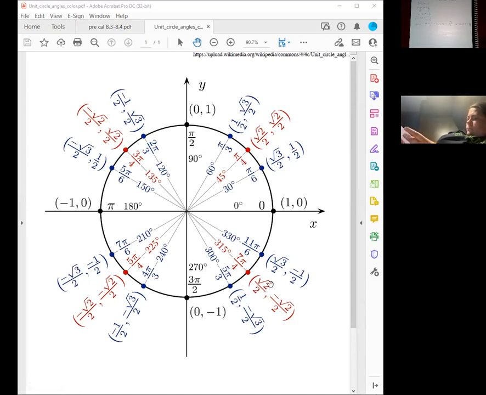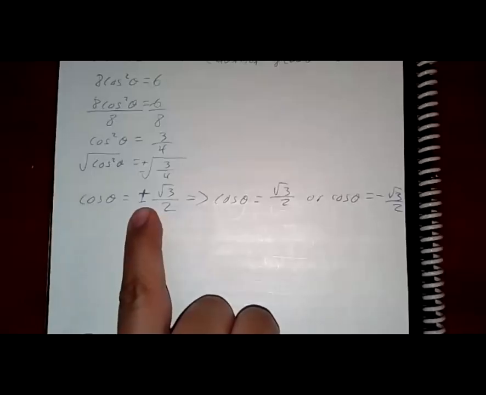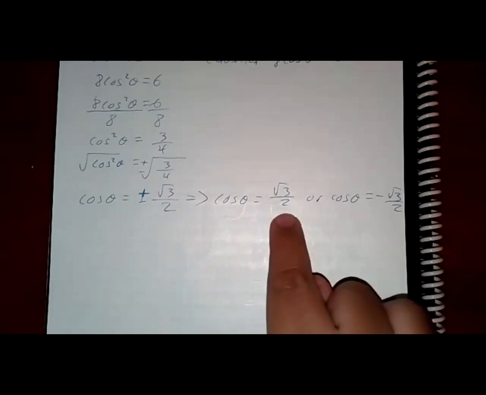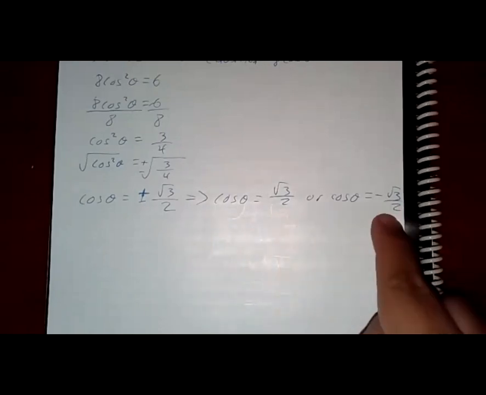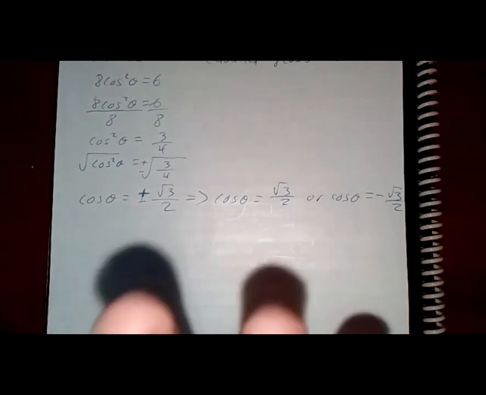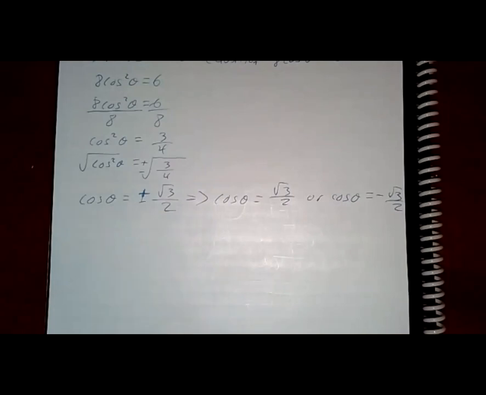Those are both considered solutions for cosine? Yeah, because of the plus or minus. Okay. So we're going to have 2 locations for this one and 2 locations for that guy. So that means we have 4 angles that will satisfy this.